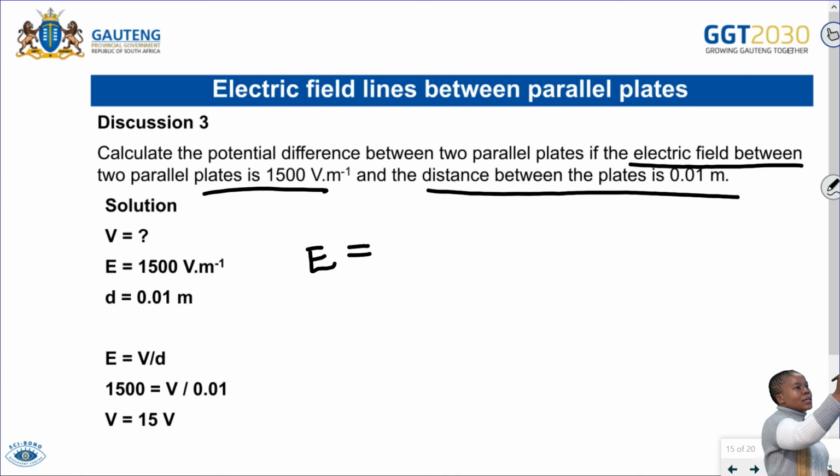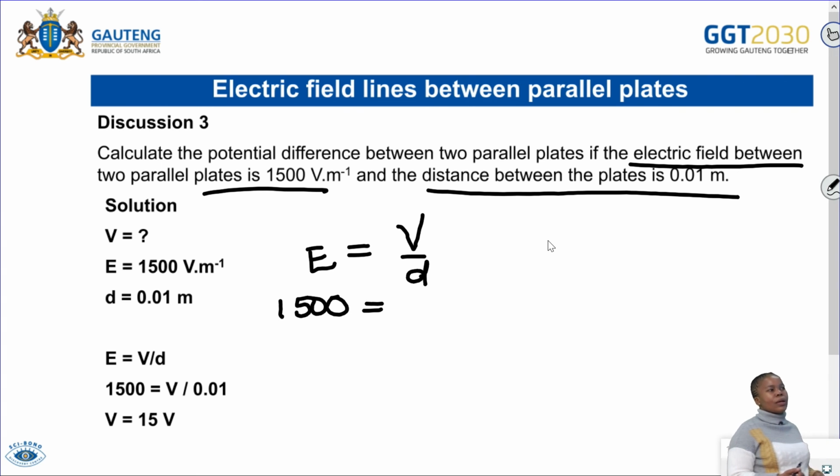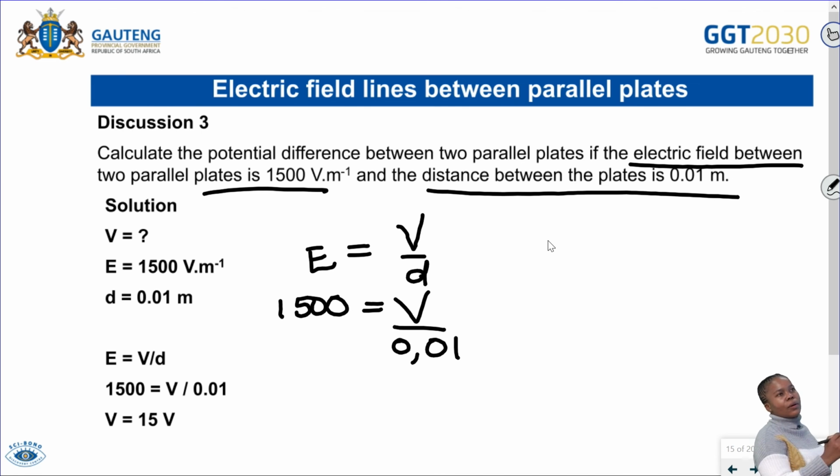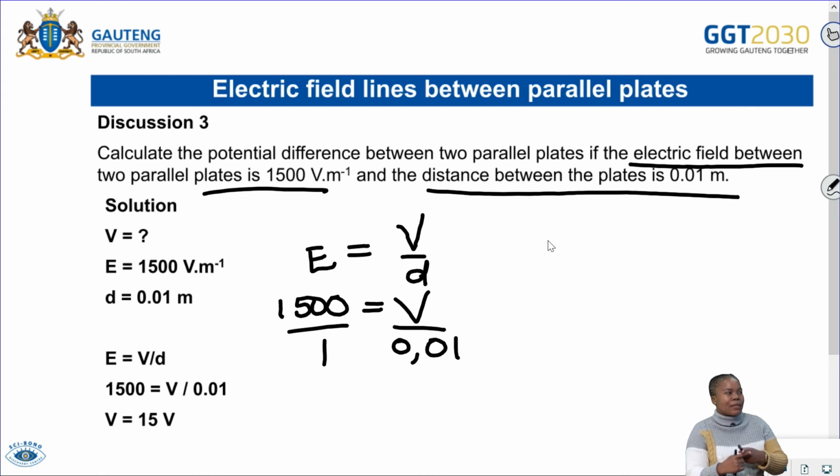So this is E is equal to V over D. We do have the electric field, which is 1,500, is equal to what? The voltage. Well, the voltage in this case is what we are looking for, over distance. Distance is given as 0,01. Okay, and then divide this by 1 so that we are able to cross multiply.